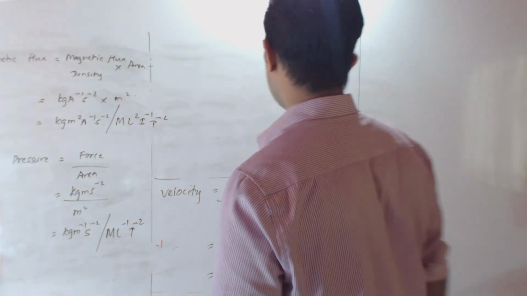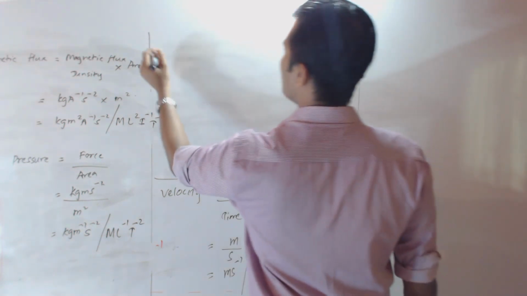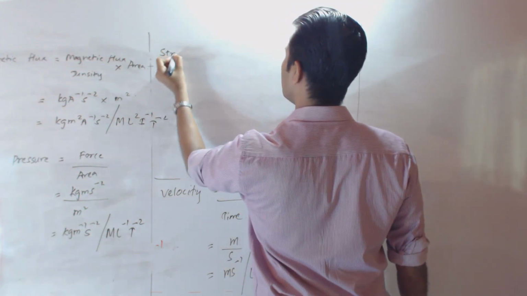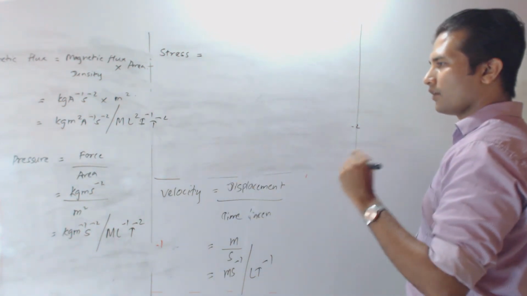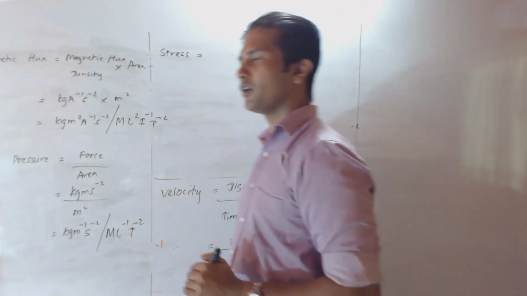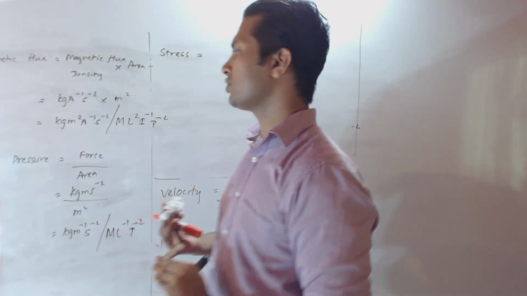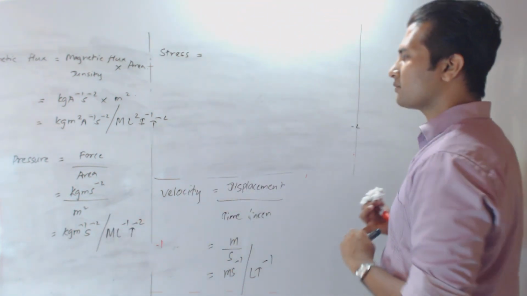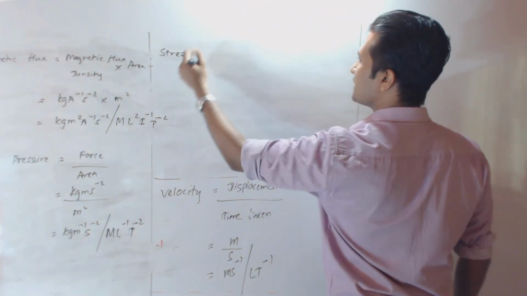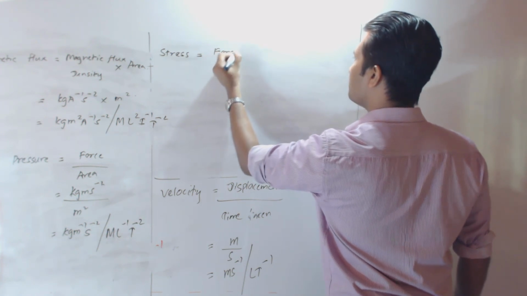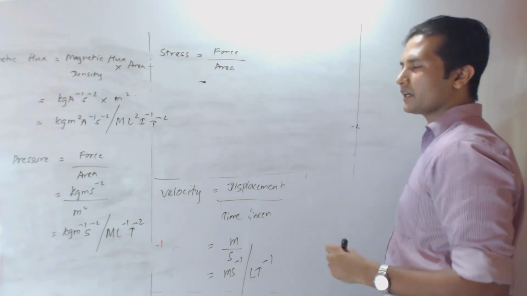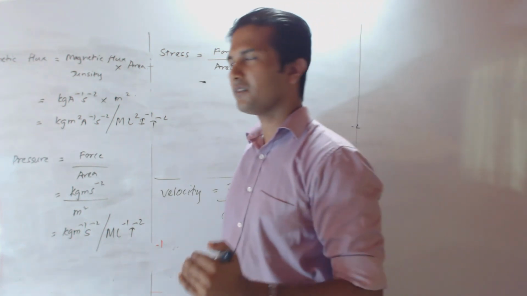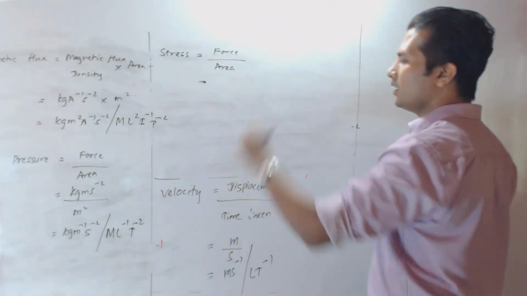Now we can go through stress. What is stress? There is a very close relationship between stress and pressure. So stress is force divided by area, that is, tensile force divided by area.